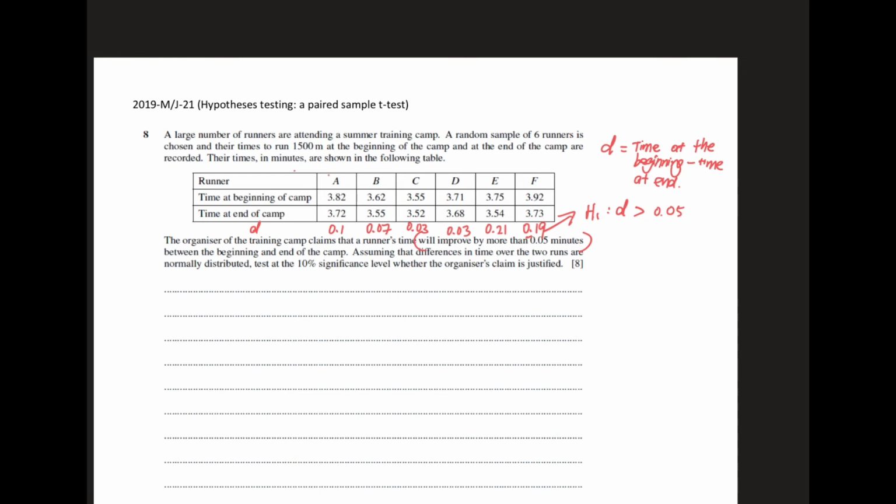Now we set up the null hypothesis: the difference is 0.05. Alternative hypothesis: the mean difference is more than 0.05. Now we find the D bar, the mean.